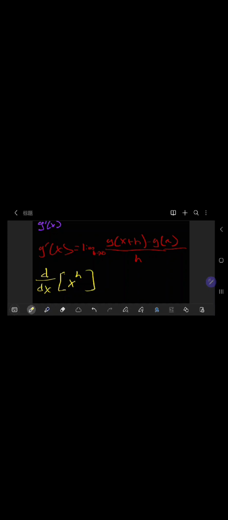This is the power rule. d over dx is just a fancy way of saying taking the derivative, and we get n times x to the n minus 1. I love the power rule, so we're going to use that. The limit definition is good to know, but it's kind of too long, so I'm just going to use the power rule. But I think it's good to learn it to understand it.